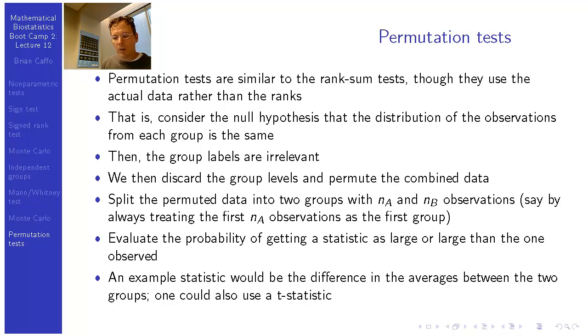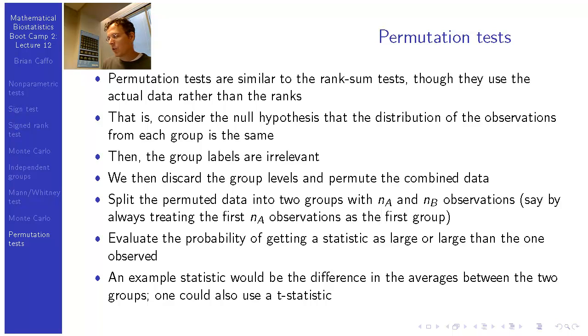Under the null hypothesis for the rank sum test, we had the collection of ranks, and our null distribution was just obtained by permuting the treatment labels. We had NA treatment A labels and NB treatment B labels, and we just permute those with respect to the ranks. That would retain NA labels and NB labels, but they would be randomly allocated among the ranks. A permutation test is exactly the same thing. You're just doing it to the raw data rather than the actual ranks, and you have to come up with the statistics.